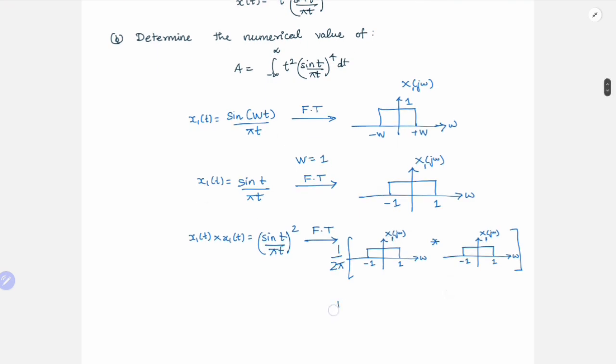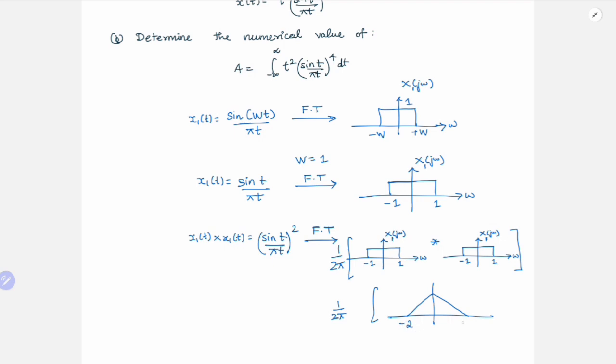So now this is nothing but 1 over 2 pi into, for square pulses we know how to do it easily, right? When we convolve two square pulses of the same width, we'll get a triangular pulse. And what will be the width? Here it is 2, 2. Here it is going to be 4.